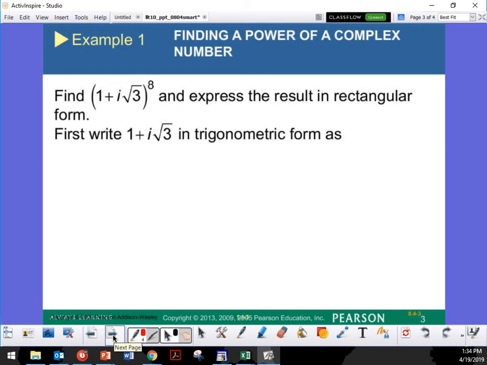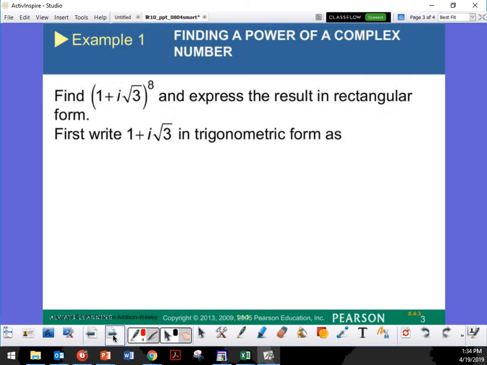Now, find this right here and express the result in rectangular form. Okay? So, this is rectangular form, right? For me to do cis, what is cis form? Sine and cosine, yeah, right? That's the trigonometric form.